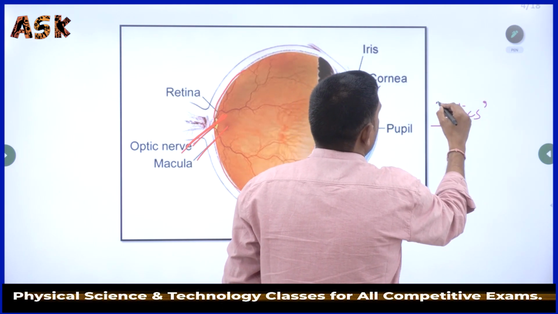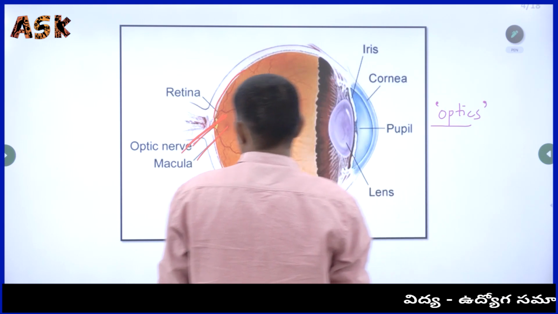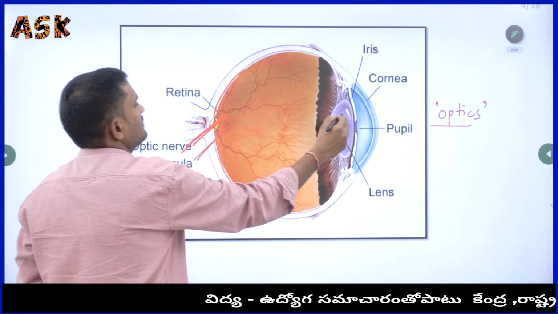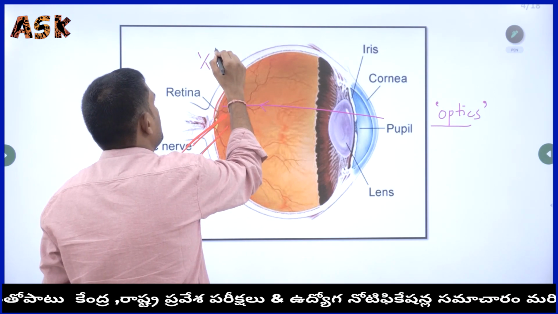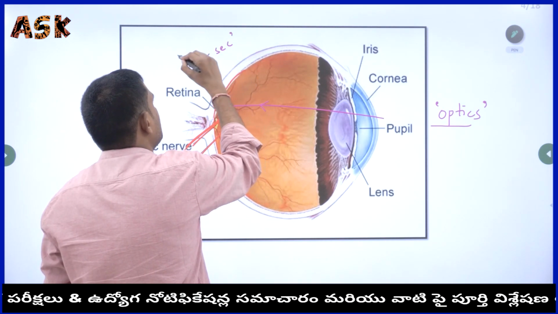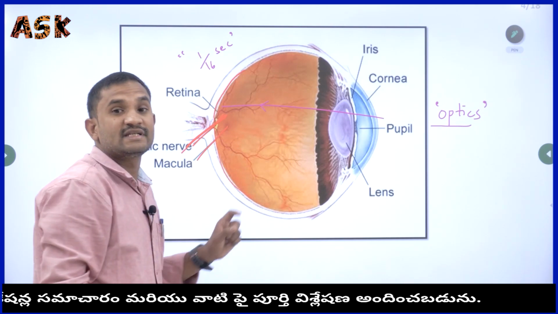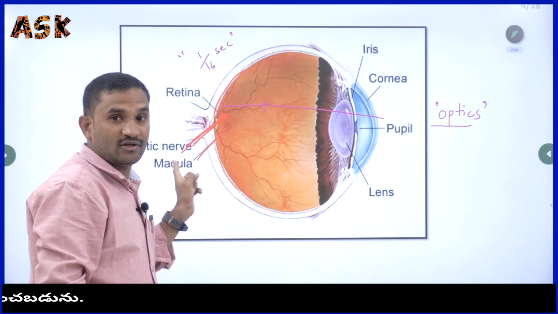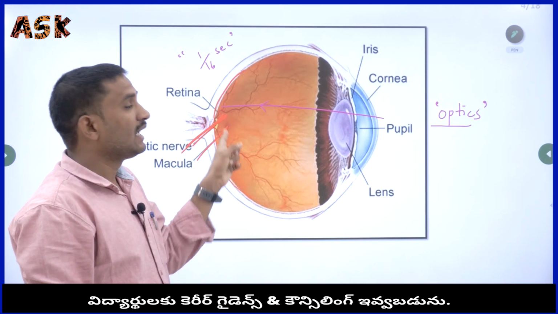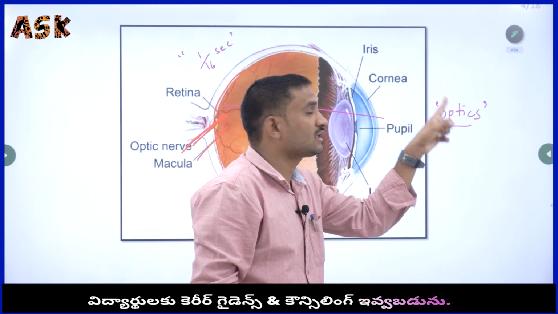Optics. Here we have to keep in mind, especially when the reflected rays reach our eye, the duration of time is most important: 1/16 seconds. About 1/16 seconds, which nerves are stimulated? Optic nerves are stimulated. Due to that, light is also called what?